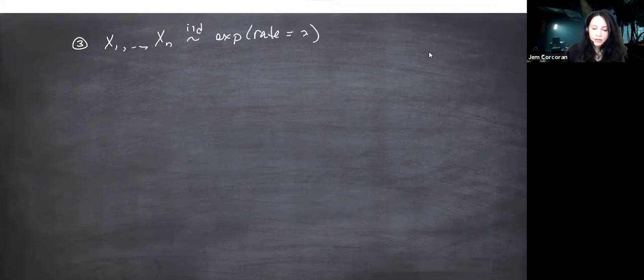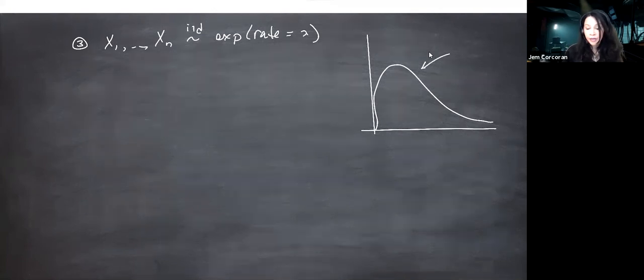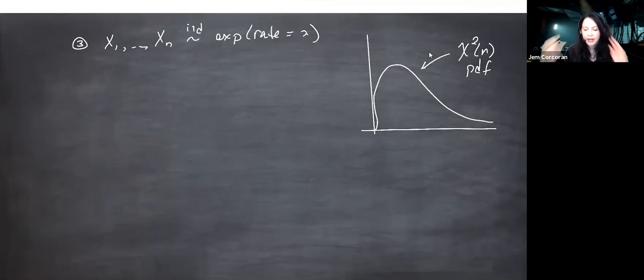So that means there's going to be some chi-squared curve with some specific degrees of freedom. I don't know what it's going to be in the problem yet. Well, I do, but this is a chi-squared n PDF. And so you're going to want to find two numbers that capture the right area.